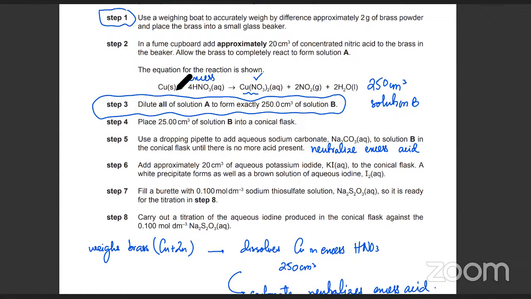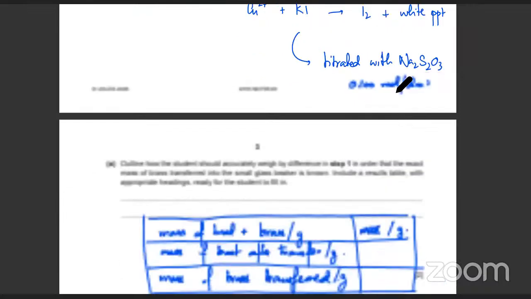So what you're going to do is transfer the content from the beaker into a 250 cm³ volumetric flask, wash the beaker and add the washings as well into the volumetric flask, and then fill it up with distilled water and make it up to 250 cm³.